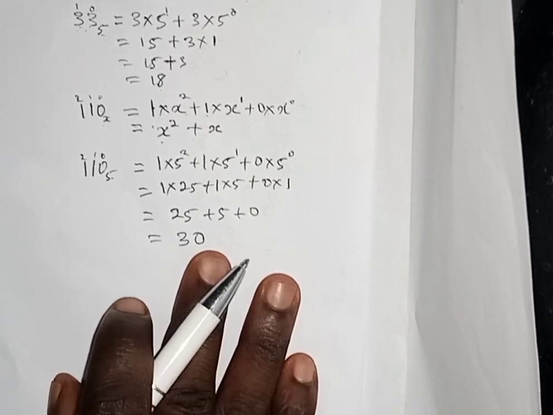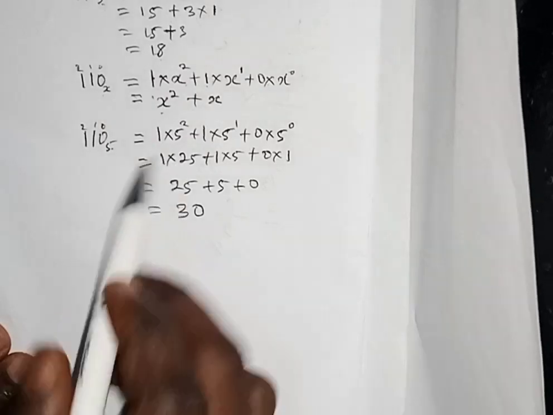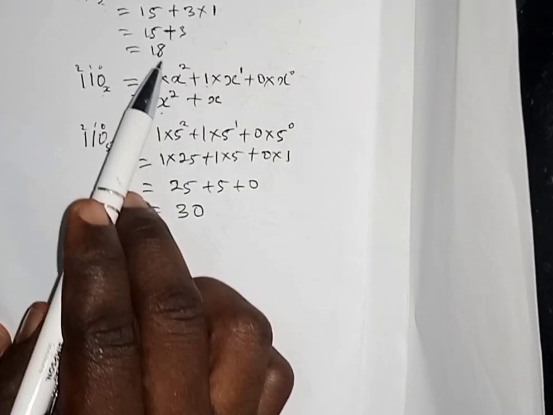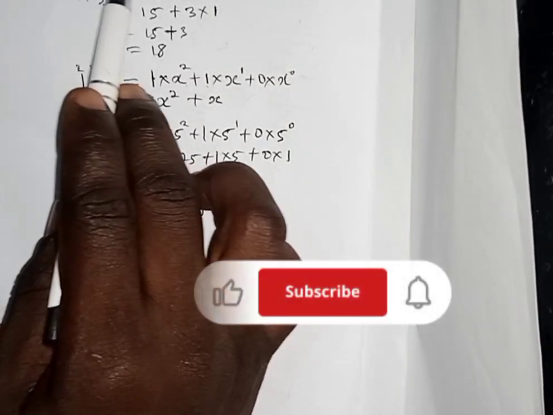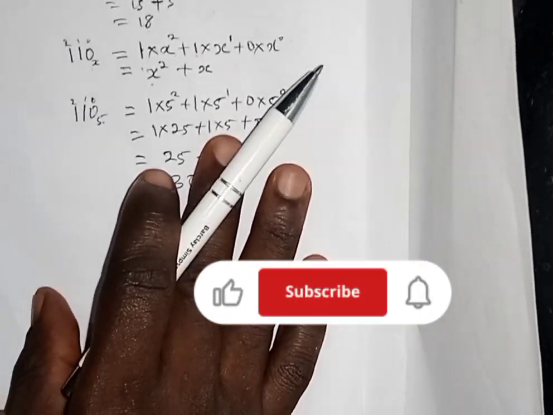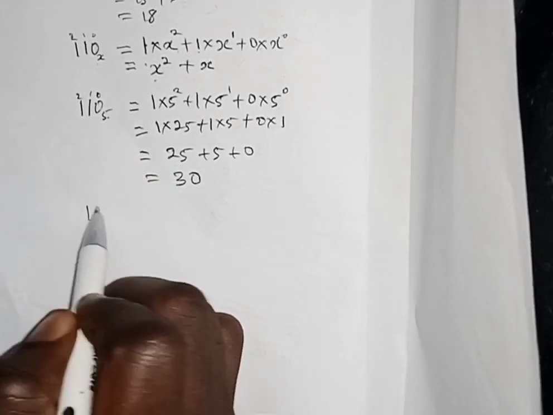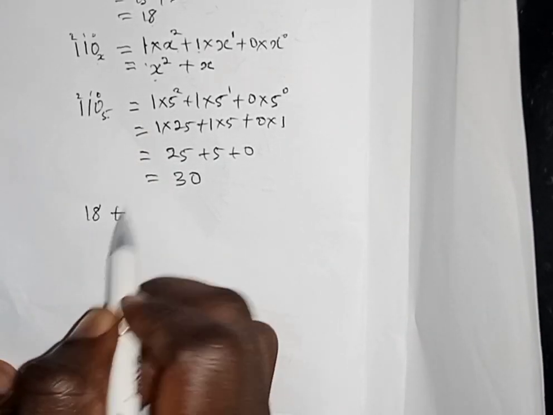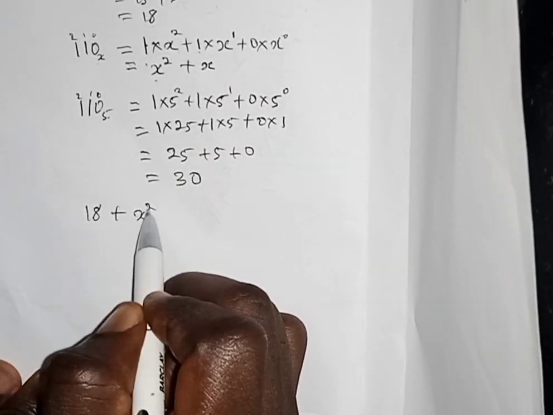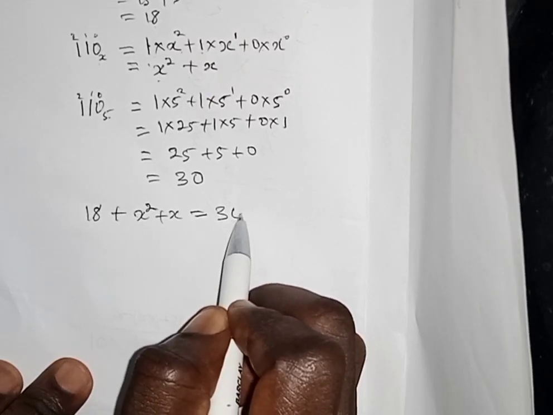Now that I've finished converting all of these values, I'm going to replace the values in base 10 into the equation. What I have is 18 plus x squared plus x is equal to 30.